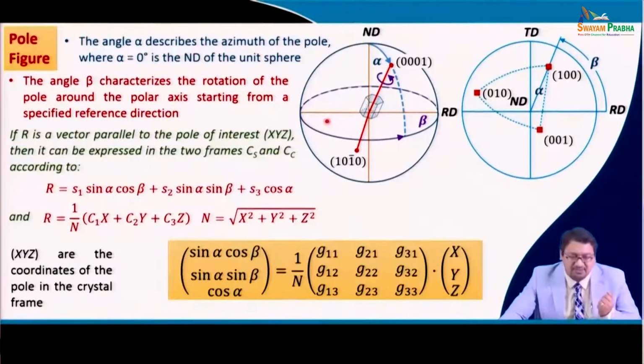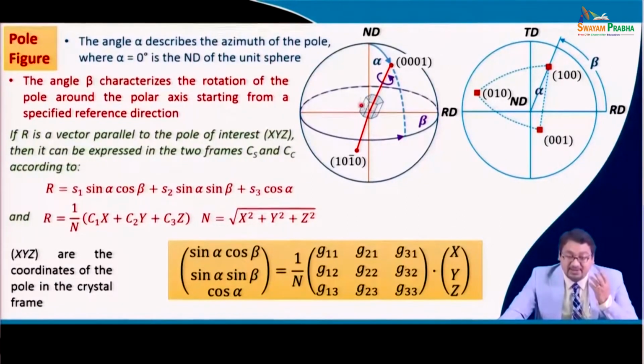The hexagonal unit cell has an important axis, which is basically the c axis, say this is r, and this r is at an angle alpha, right, from the important pole which is the ND, and sometimes it is also called the north pole. So, it is at an angle alpha from the north pole, and this alpha is described as an azimuth of the pole.